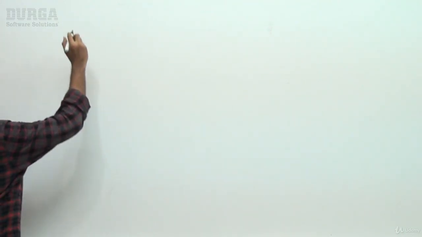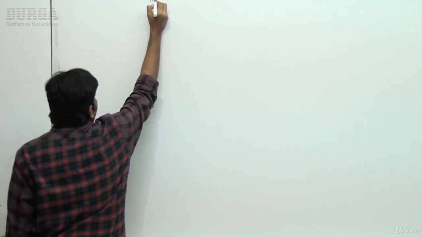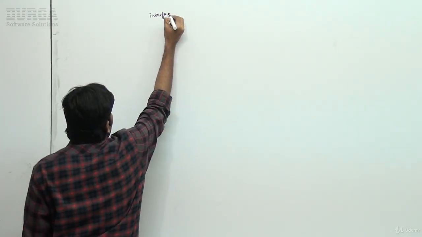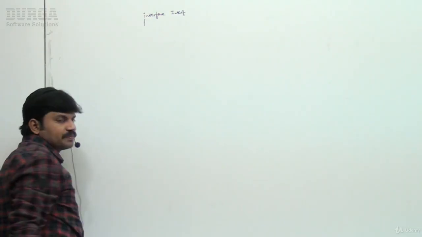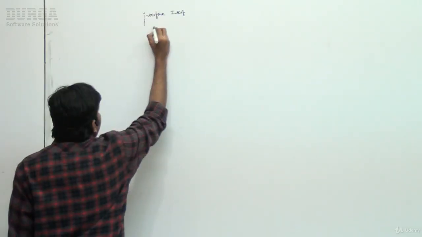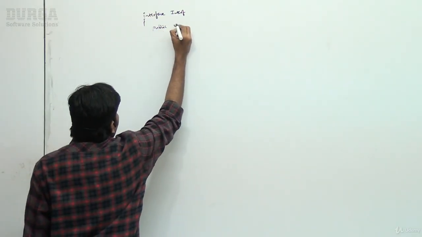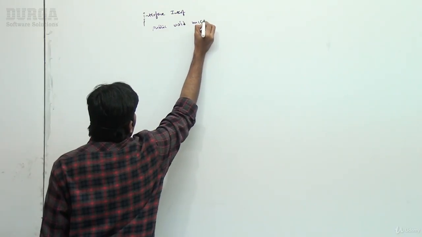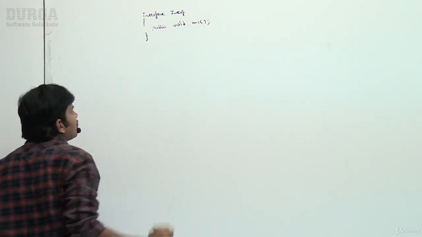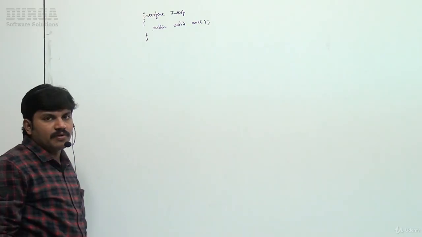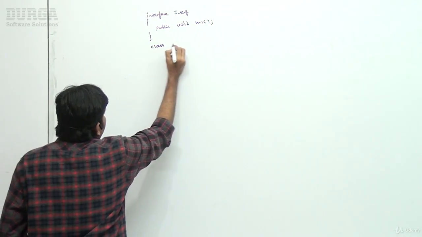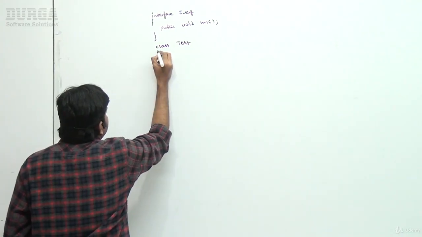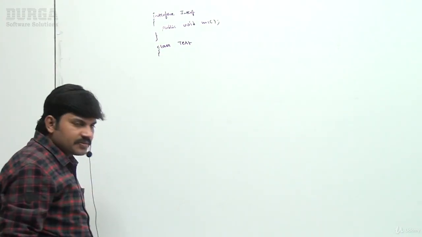I have an interface. Very important conclusion. Make sure to observe carefully. Interface: now, a public void m1 method is there. This is the method in the interface, public void m1. Now I am taking a class Test.